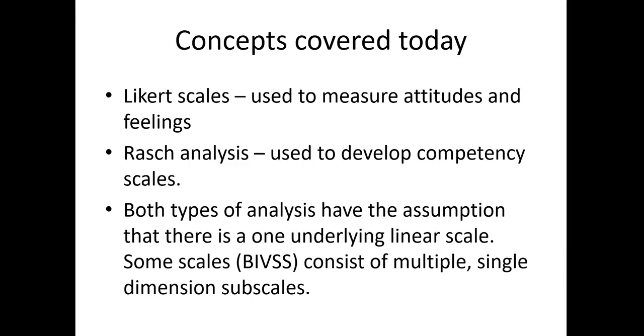But some scales, like the BIVs, consist of multiple single-dimension subscales, even though they're correlated enough that we counted it as a single one. In some of our analysis, we could also look at separate scales. I know that's a little confusing, but we were right on the edge of a single scale versus multiple ones.